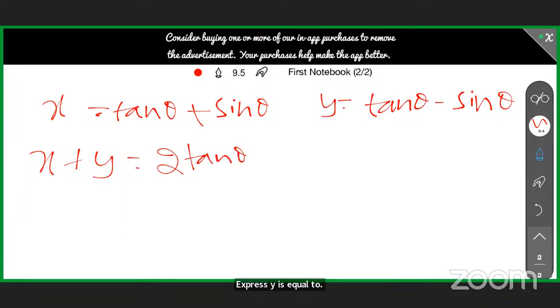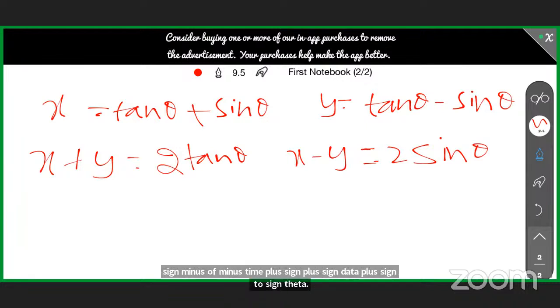Yes or no? Now I'll subtract both the equations. x minus y is equal to 2 sin theta. The tan cancels, and minus of minus becomes plus, so sin theta plus sin theta becomes 2 sin theta.